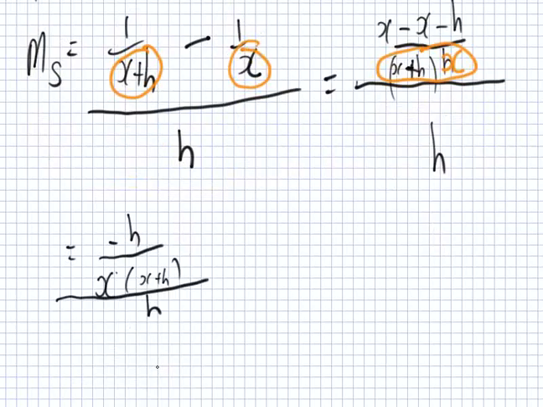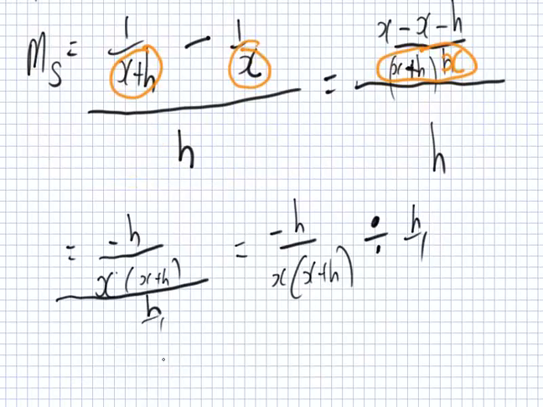Now there's a little trick to simplifying this. Again, back to elementary school, you can think of this as minus h over x times x plus h, divided by h over 1, because h is just like h over 1.